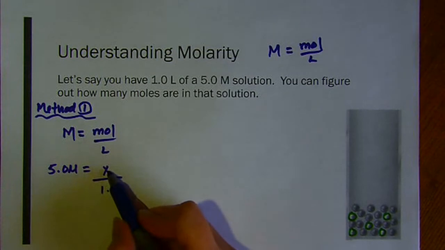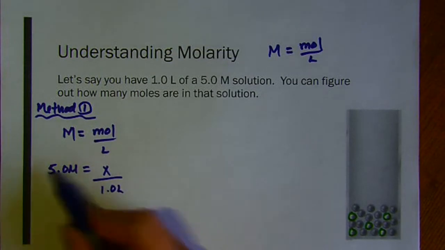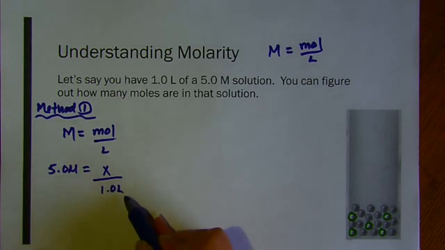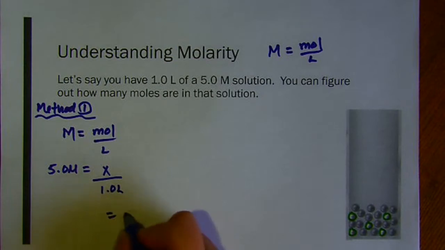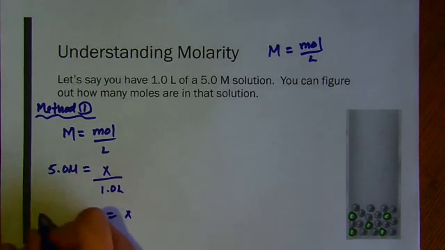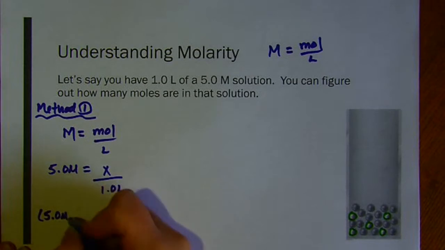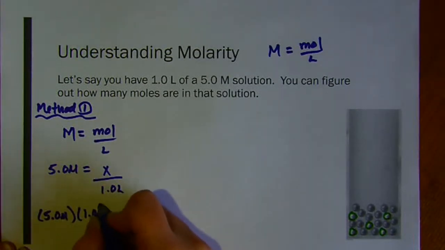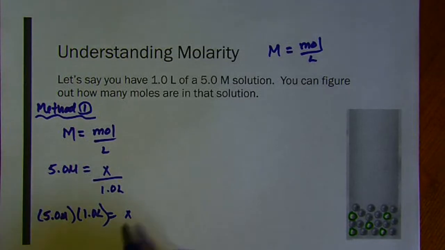So to solve for X, we're going to multiply both sides by 1 liter. We see that that multiplication gives us 5 moles of solute.